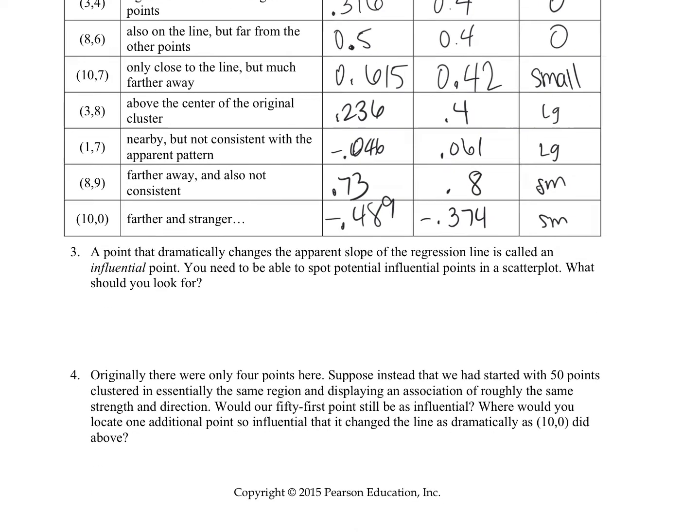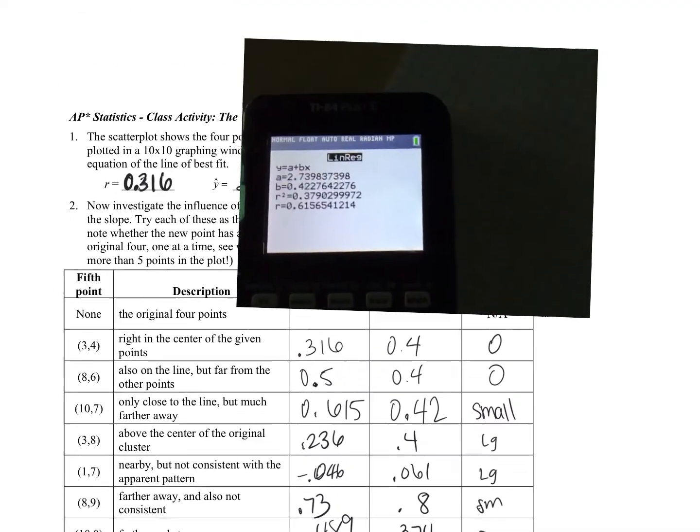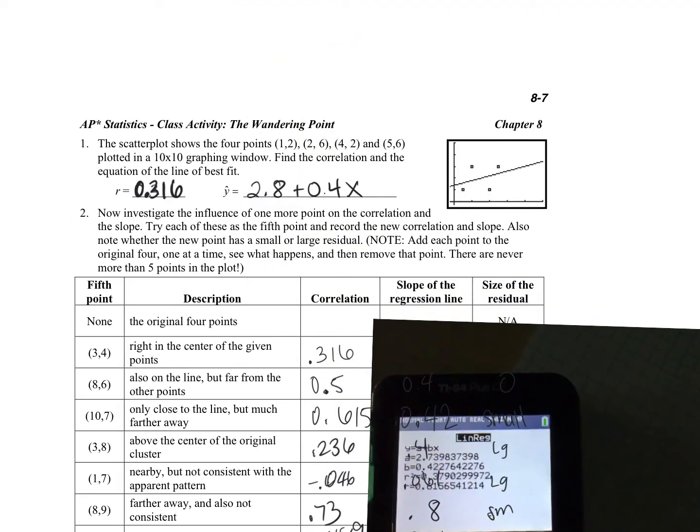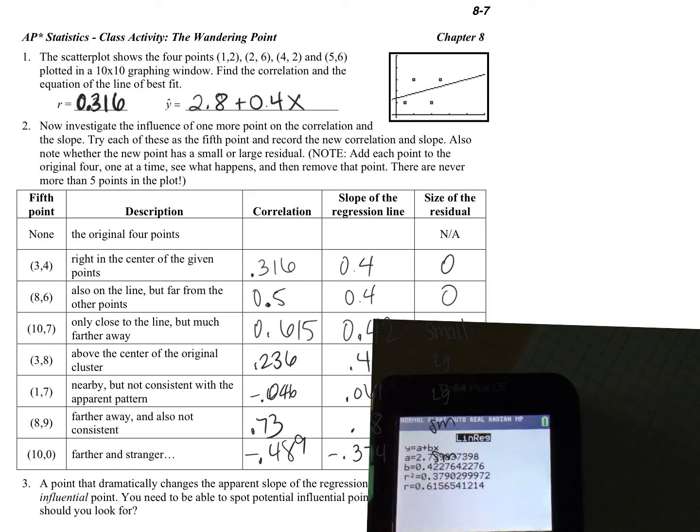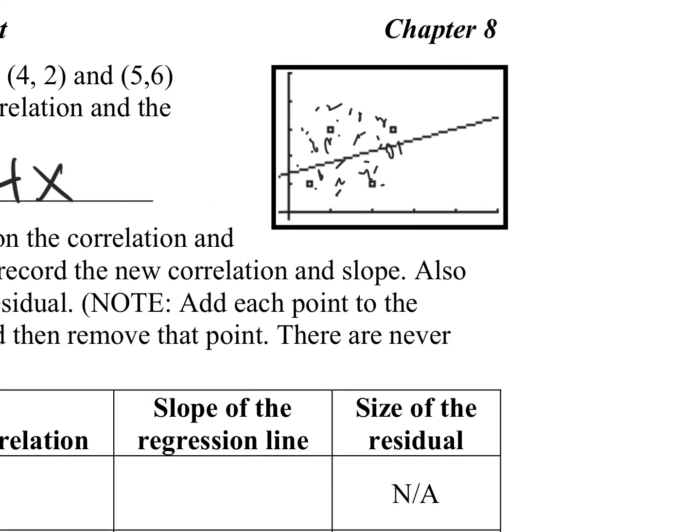Now, do you think the influence would be different if instead of only having 4 points here, and that's the last question, we had 50 points centered around that same area? Do you think adding a point over here would have as much influence? No, right? 1 point isn't going to have as much of an influence on 50 values that are following the same pattern as 1 point on 4 values.